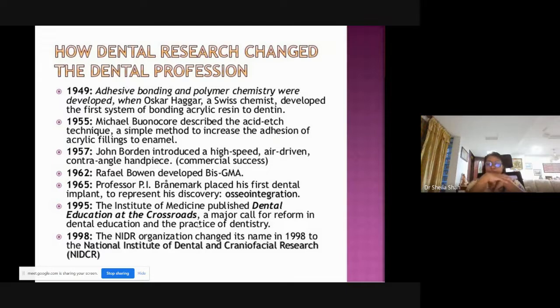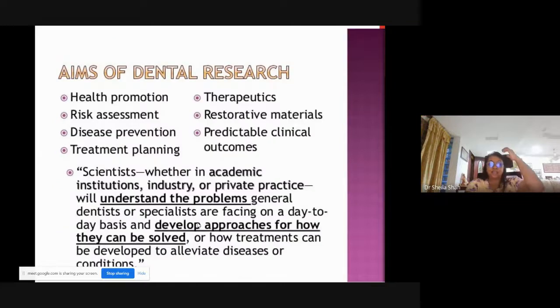I'm sure all this will ring better to you than to myself. Then 1957 was about commercial success, and 1962, BIS-GMA. In 1965, the first dental implant. All the terms you are more familiar with. Then in 1995, a major call for reform in dental education and practice of dentistry. And so on. So this is until then.